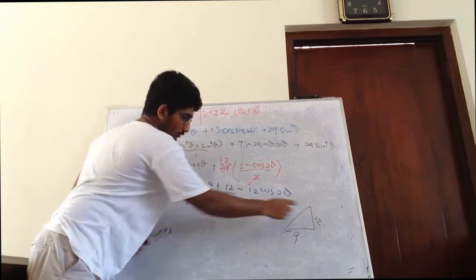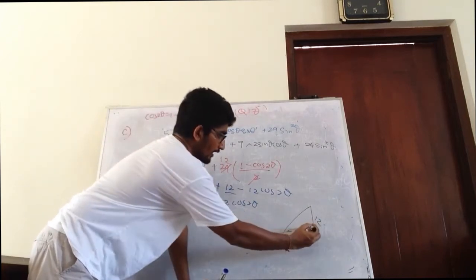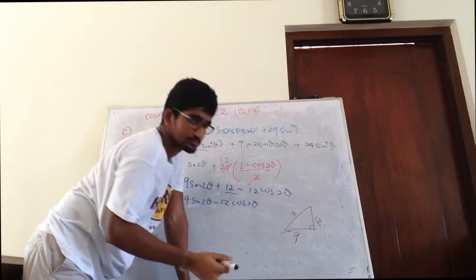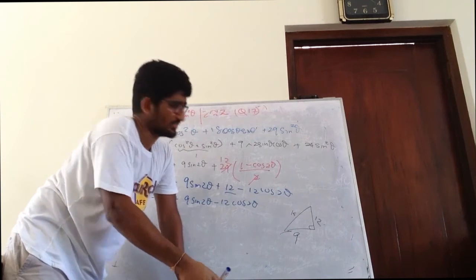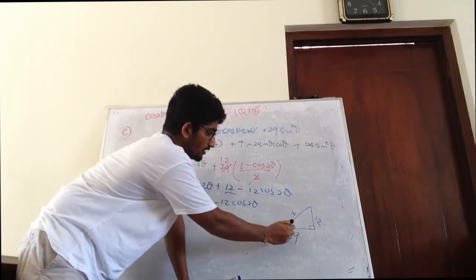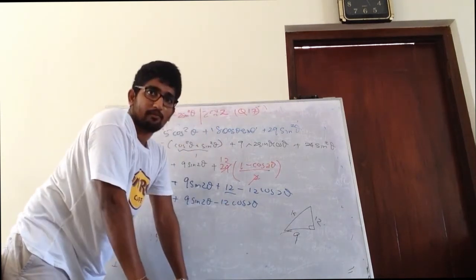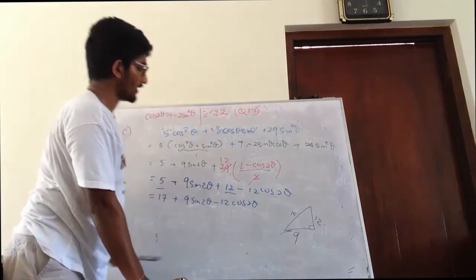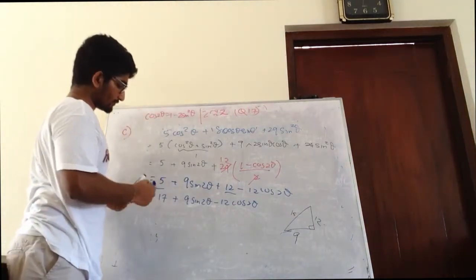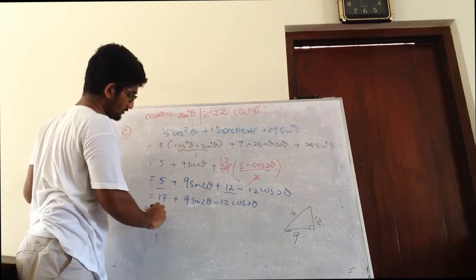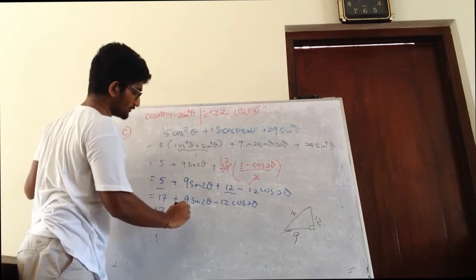Now because it's 9 and 12, I'll get this as 15. This is Pythagoras, right? So what I'm going to do here is take 15 out.